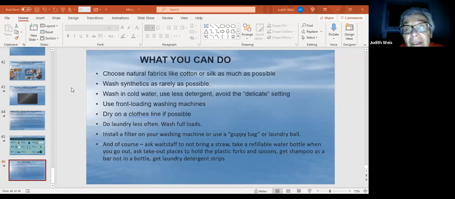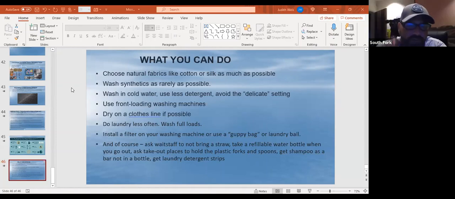Oh, that's a really good thought. I would imagine that you're right. That makes a lot of sense because a delicate fabric would sound like one that would be more likely to be releasing more fibers. That's a great idea. Very good point.